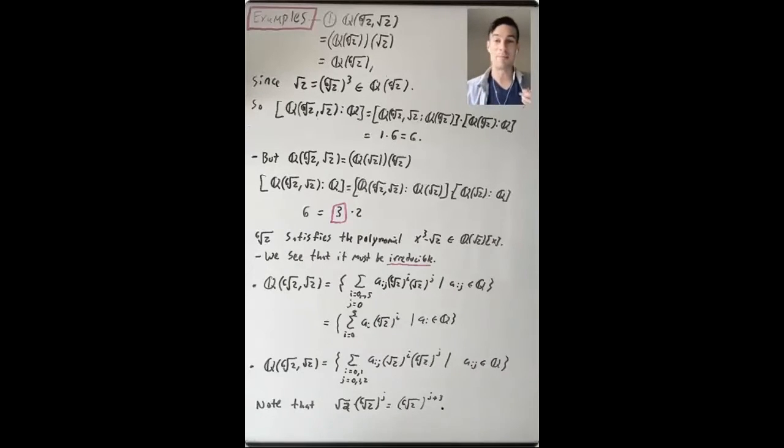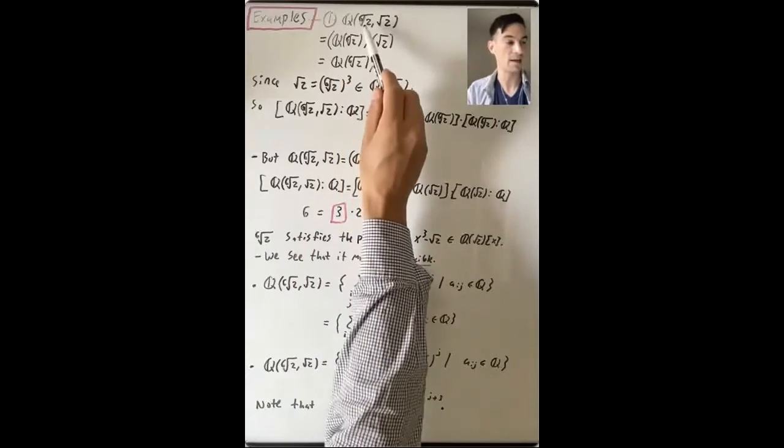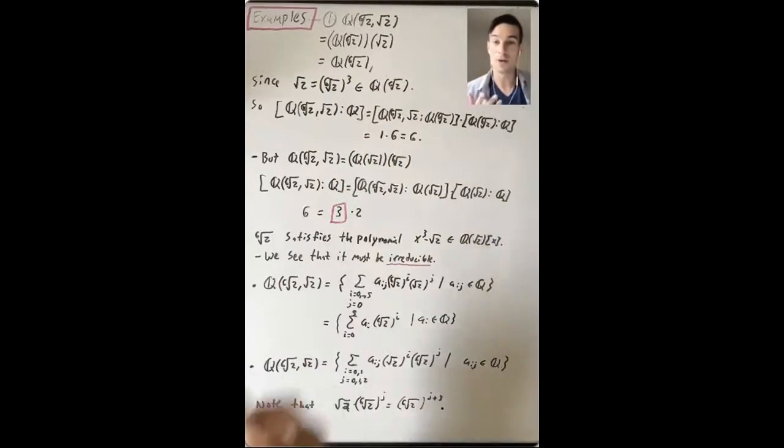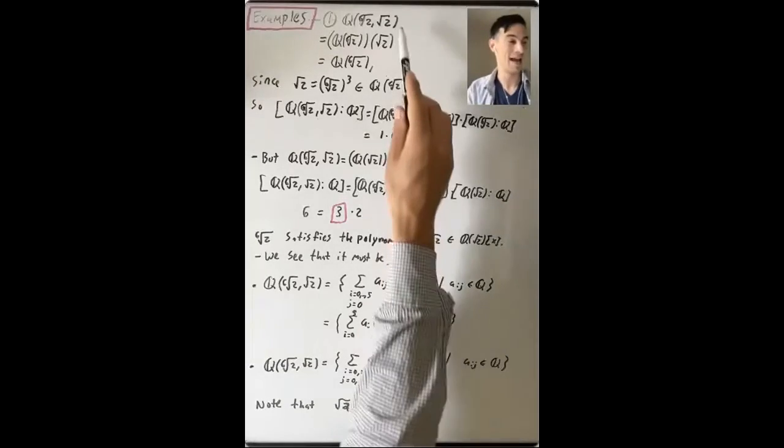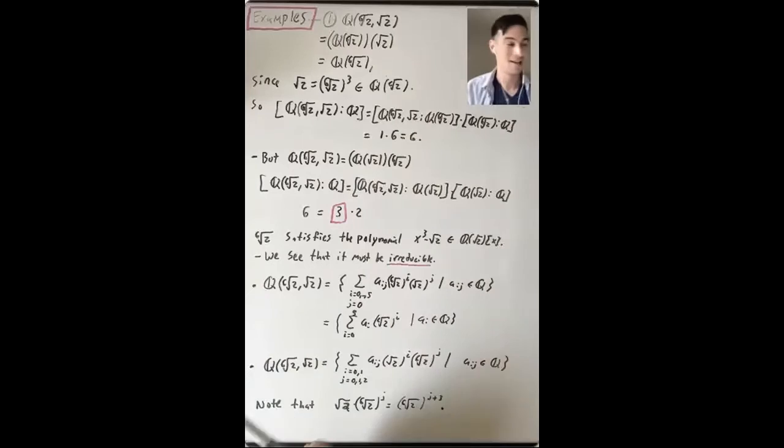Let's look at the example of the field generated over Q by the 6th root of 2. We'll use this symbol to mean the positive real number that you raise to the 6th power and you get 2, and the square root of 2, the positive real number that you square and you get 2. Okay, well, this field is generated over F by alpha and beta, so it is the field generated over F adjoin alpha by beta.